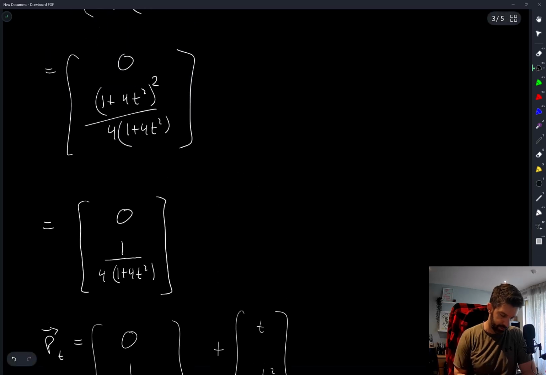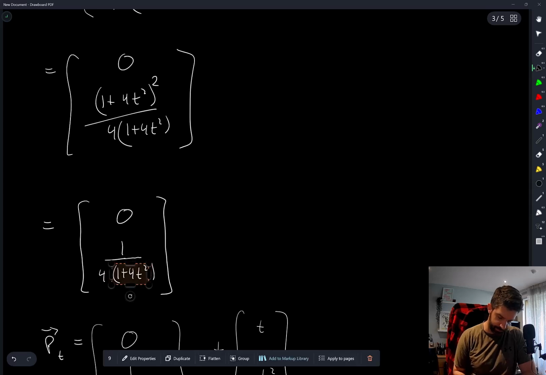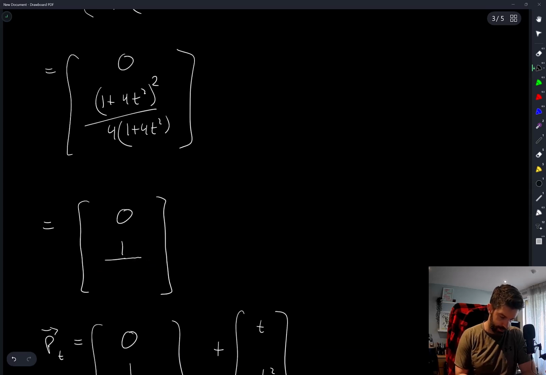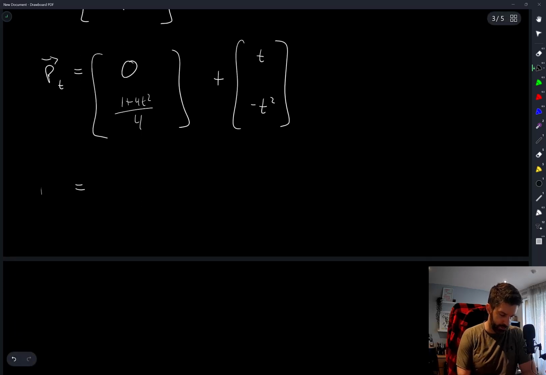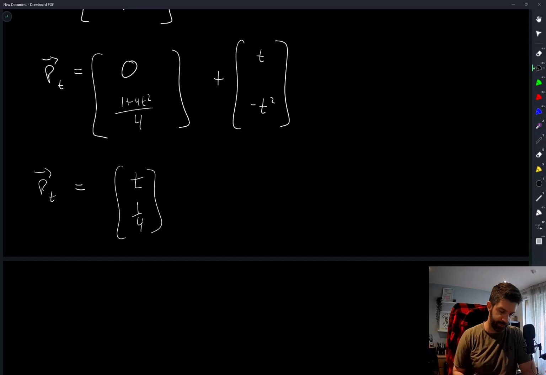Oh, I have a mistake. I canceled something in the wrong way. Yeah, it's 1 over 4 times 1 plus 4t squared, like that. And so the result here, we get t in the first coordinate and 1 over 4 in the second coordinate, which is a parametrization of a horizontal line through the original focus of that parabola.